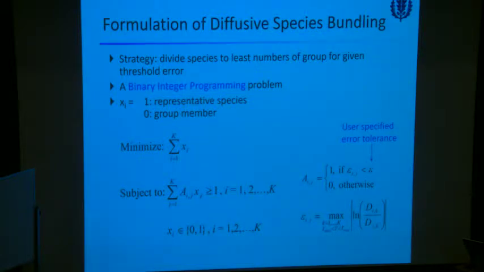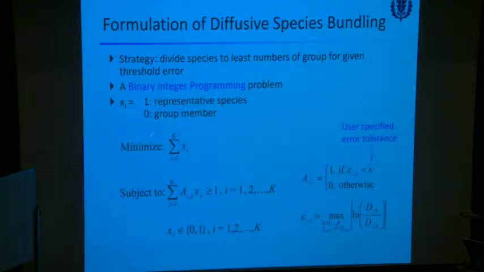If you look at this, each xi is either 0 or 1 for a species. If it's 0, that means this guy belongs to a group, and it's not a group leader. If it's 1, that means this guy belongs to a group and it represents the group. So each group you just need to take one guy to do the representation.